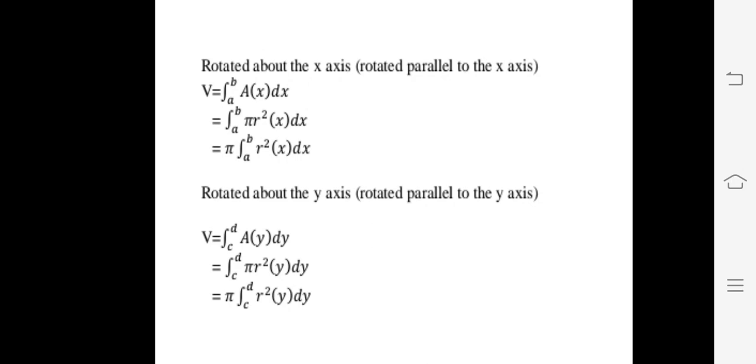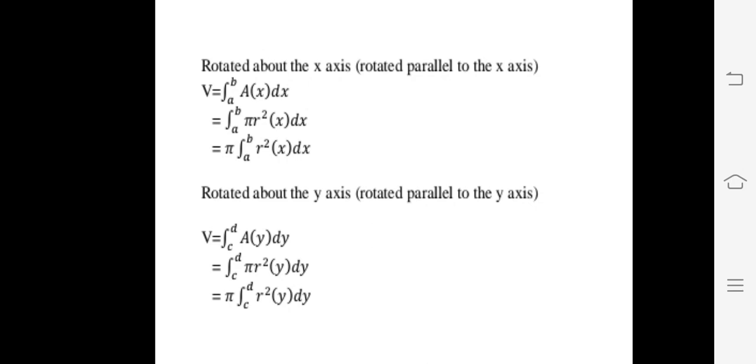Then substitute A as pi r squared x dx, and distribute our pi. So the volume is pi times the integral from a to b of r squared x dx.